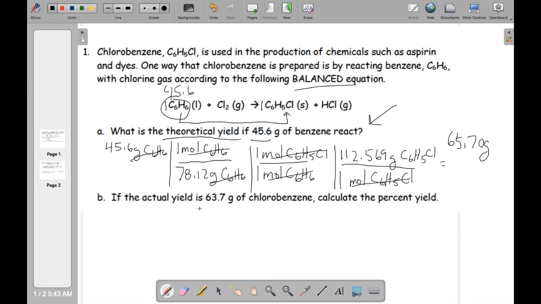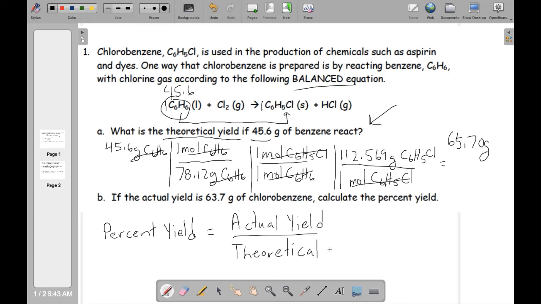If the actual yield is 63.7 grams of chlorobenzene, calculate the percent yield. Okay, so now we have an equation. Percent yield equals actual yield divided by the theoretical yield times 100.